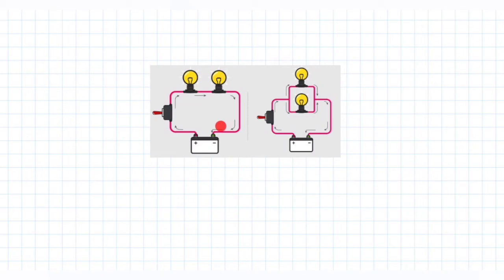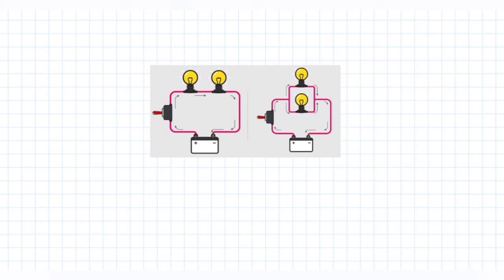But in the parallel combination, if one component breaks down, the other components will function. Each component has its own path, that is, each has its own independent circuit. Here there is only one circuit, so if one bulb has fused or burns down, the circuit is collapsed. In a parallel circuit, if one bulb is not working, then the other bulb surely works.